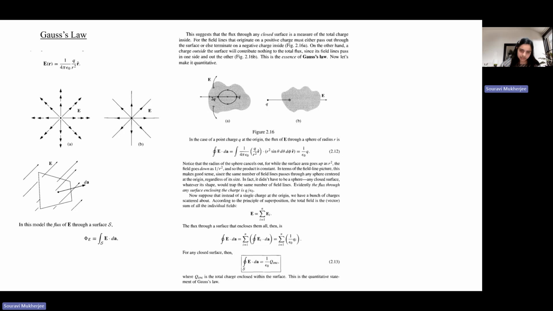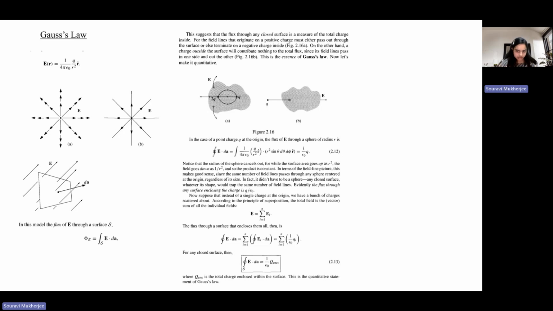Now when you have a field and some surface, and there are field lines crossing the surface, one can define the flux of the electric field through the surface as this surface integral, E dot dA. What was interesting is that if you have some region and some charge outside, the field lines starting from this charge will pass through this region.